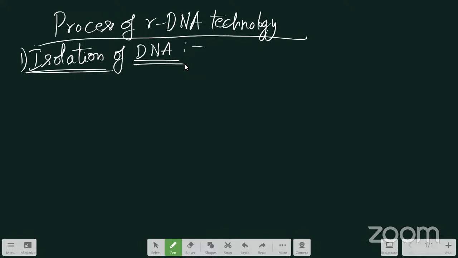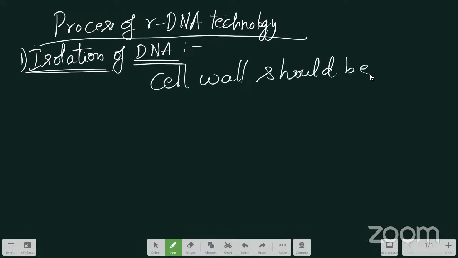So three different enzymes are needed for the digestion of the cell wall of different organisms. Once the cell wall is digested, that is the first step.